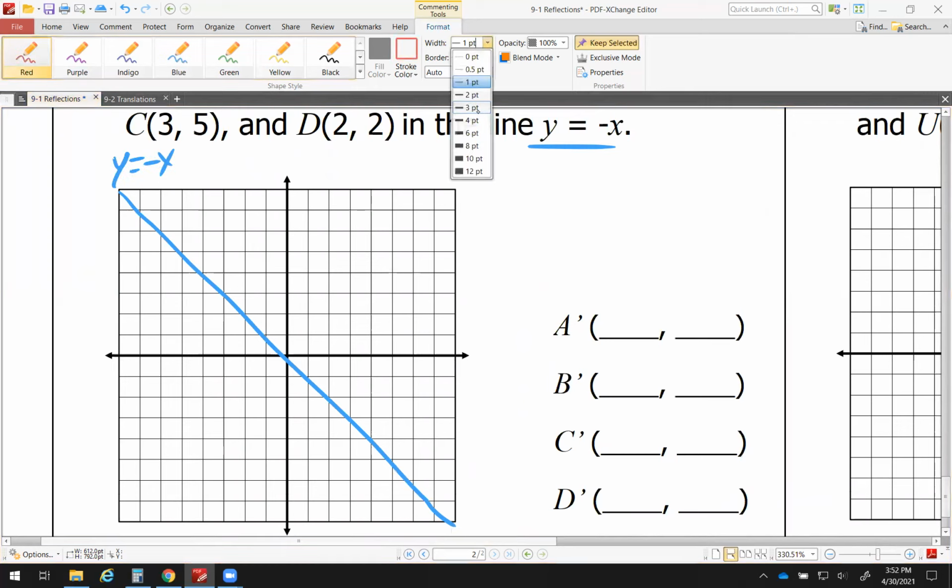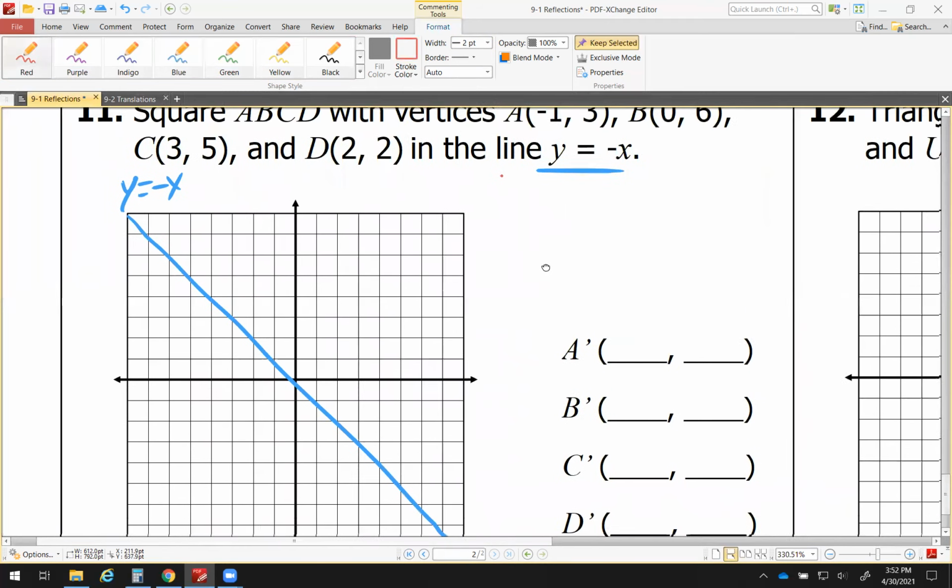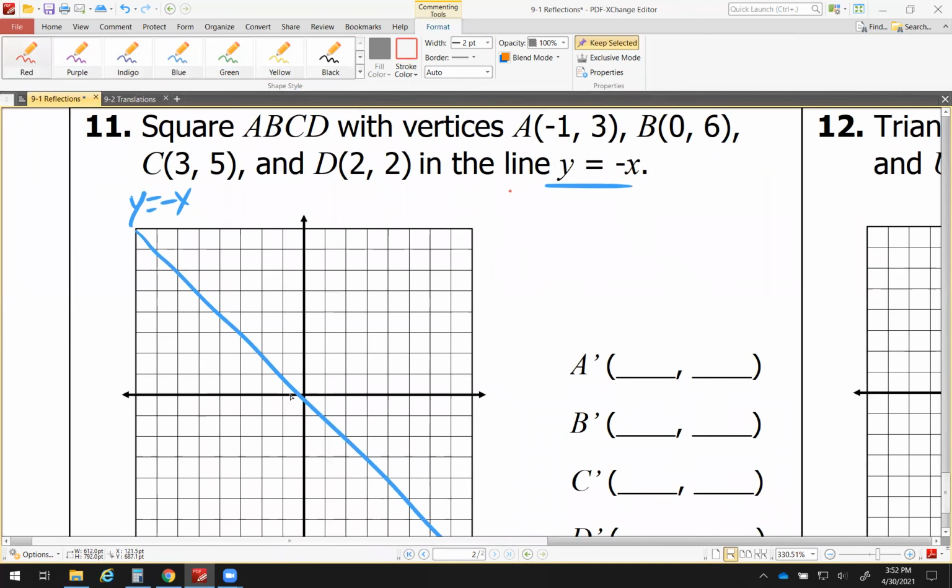So we'll go ahead and put the original on here in red because that's my MO. -1, 3 is our first point. 0, 6 is our second point. So there's A, B. And then C is at 3, 5. And then D should be right down here at 2, 2 for a nice small square right here.